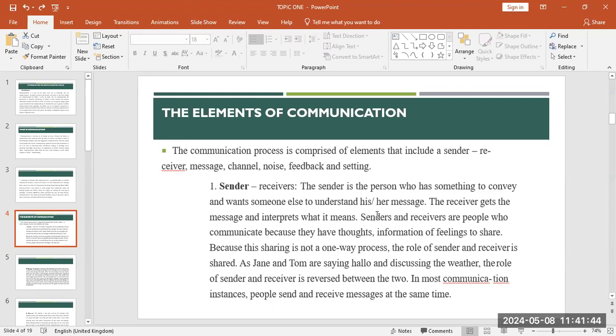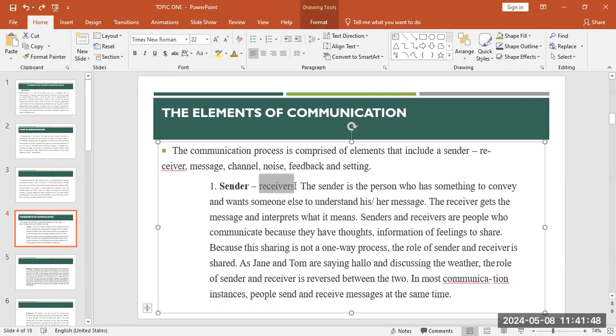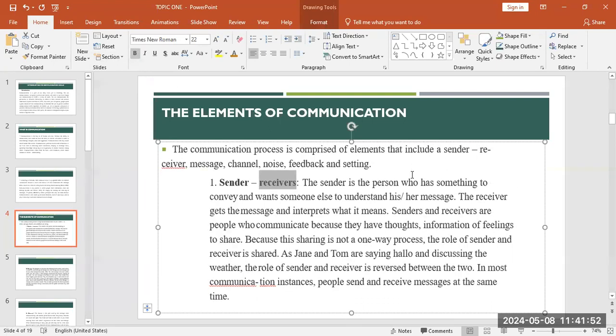We also have the receiver. The receiver is a person or an organization that the sender intends to send the message to. So the receiver is a person with whom the sender interacts.